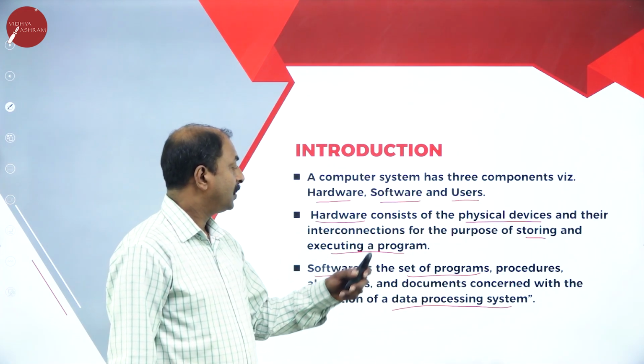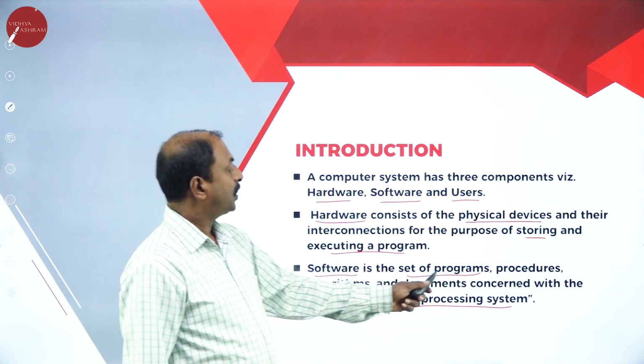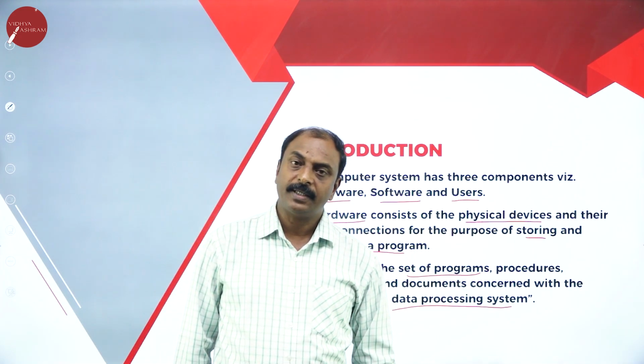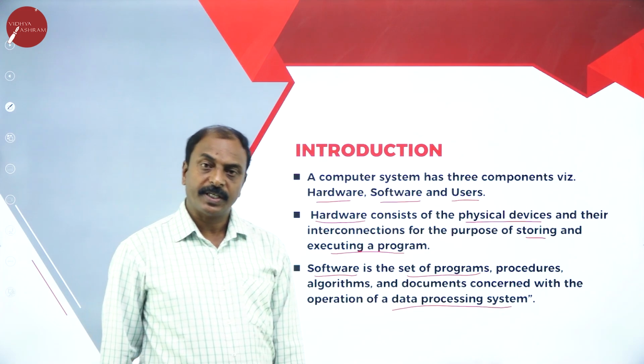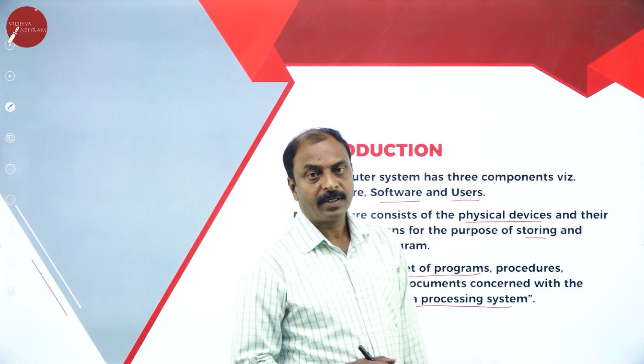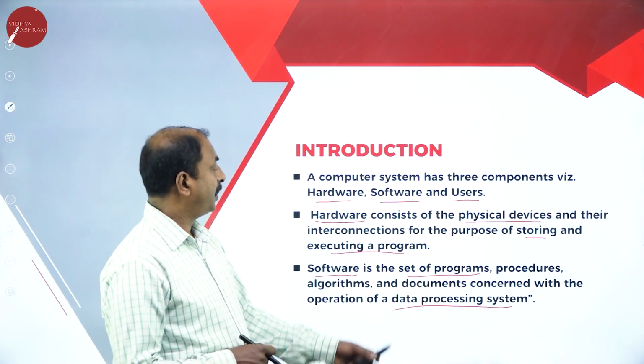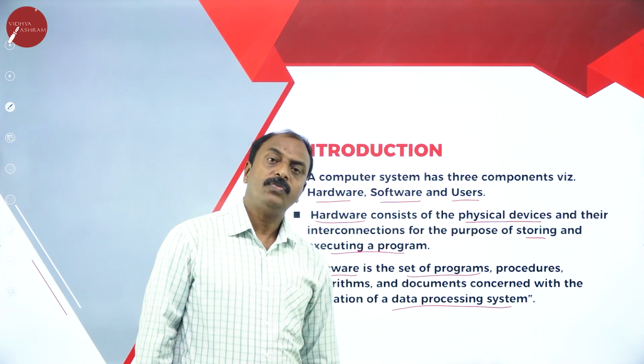In turn, what is a computer program? It is nothing but a set of sequential instructions given to the computer for executing a specific task. So, software is nothing but a set of programs.